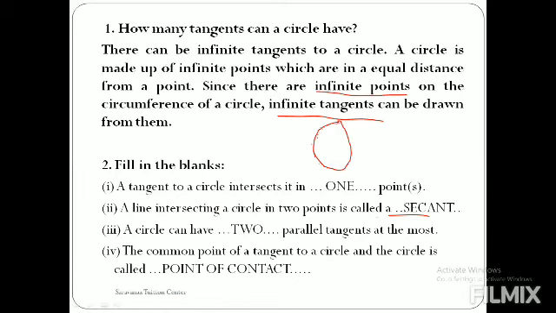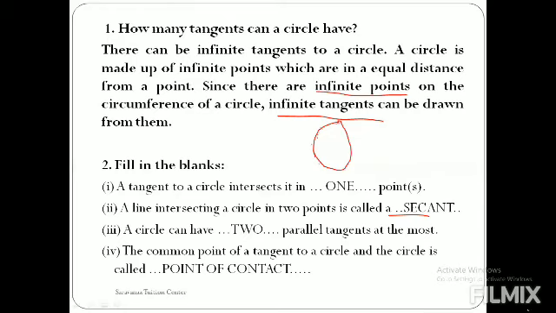You have seen in Activity 2 where you took a paper, drew a secant PQ and also drew many parallel secants for PQ, and you saw that P dash Q dash and P double dash Q dash are the only parallel tangents to the secant PQ.